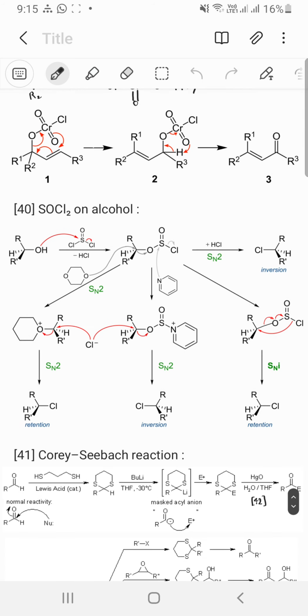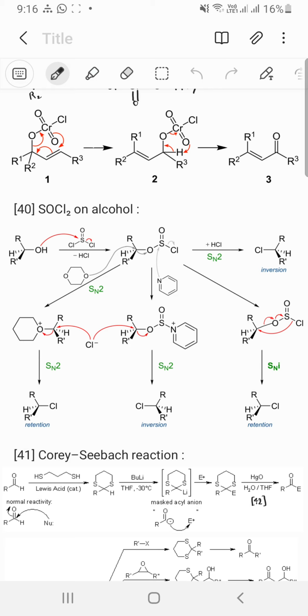Okay, SOCl2 on alcohol. Wow, a lot of different mechanisms. So if you have SOCl2 without anything, then it will just do SNi, I guess. SNi, huh? So it's in a single concerted step like that.